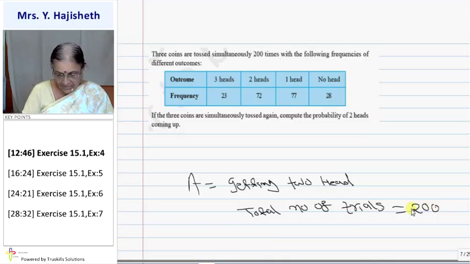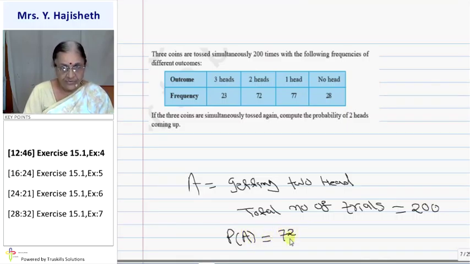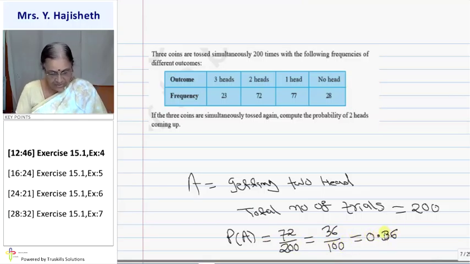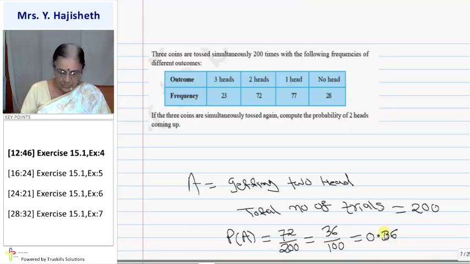And A occurs, 2 heads occur how many times? 72 times. So it is 72 upon 200. So it is 36 by 100. So my probability of getting 2 heads is 0.36.